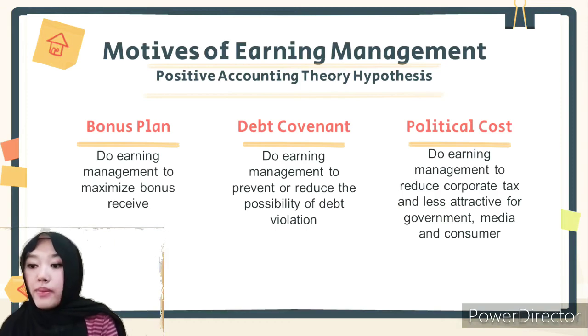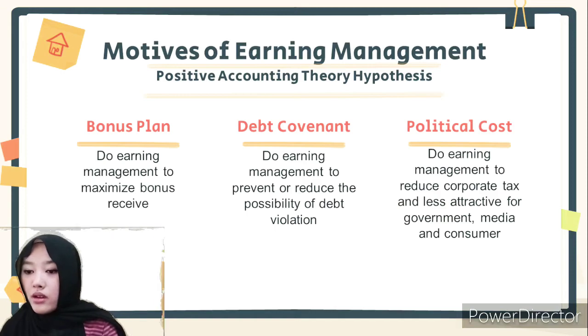of earnings. When the original earnings are above the cap, managers tend to decrease it and save it for the next future period. And when the earnings are below the bogey, there are two possibilities of manipulation. First, when profit is not too far from the bogey, then the manager may increase it to get a bonus.